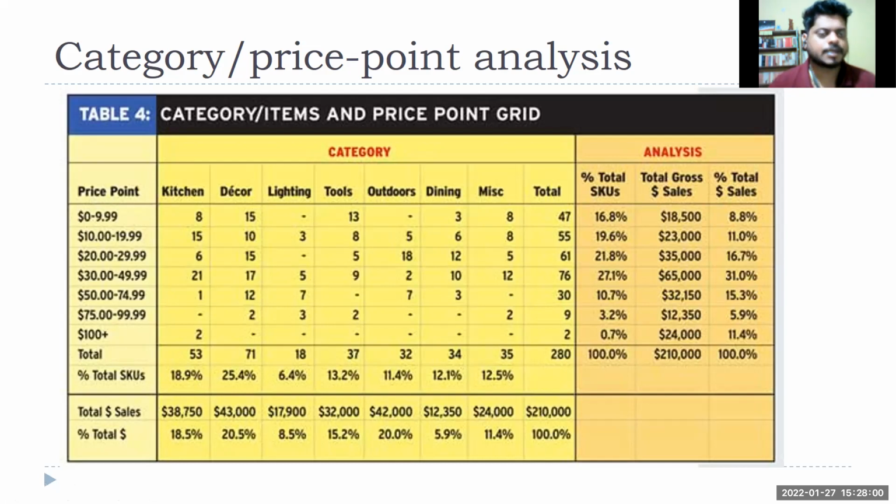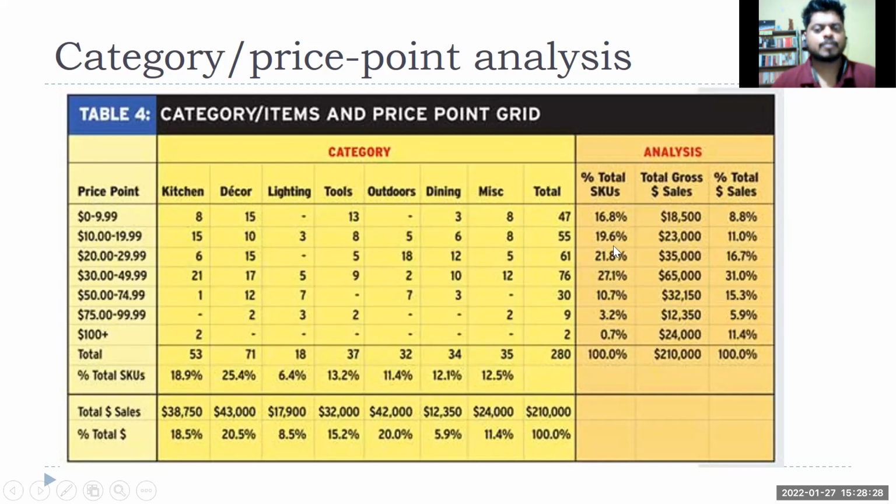Irrespective of category, this helps us have a descriptive understanding of which categories are being sold, which categories are important for my store, and at which price point people are buying those products. In this particular case, this is 27.1%, followed by this one.